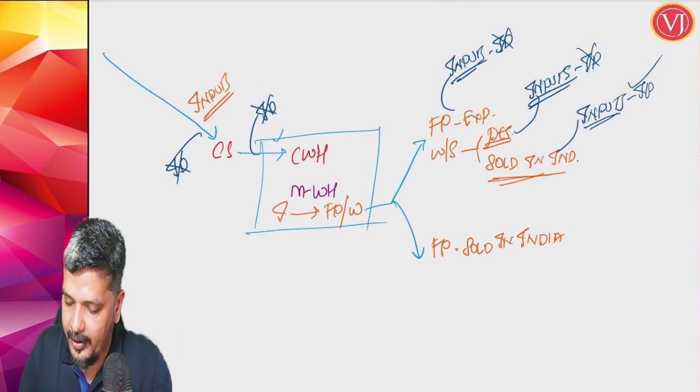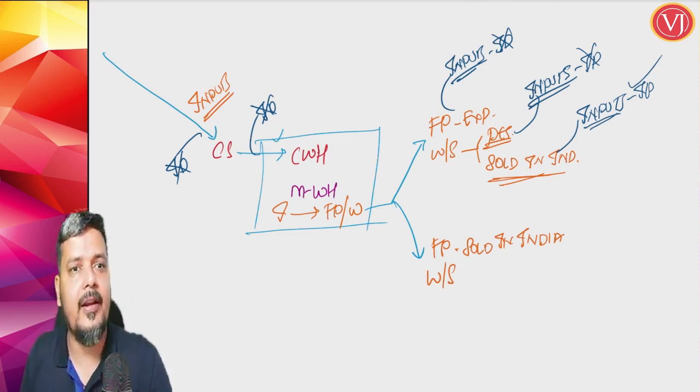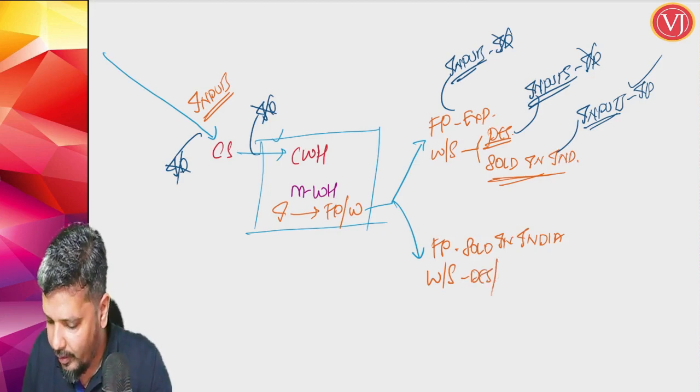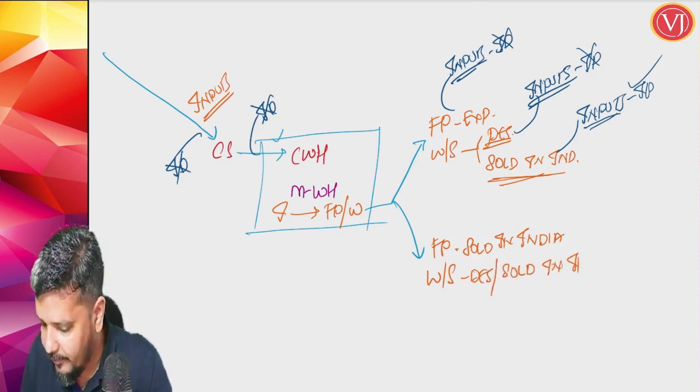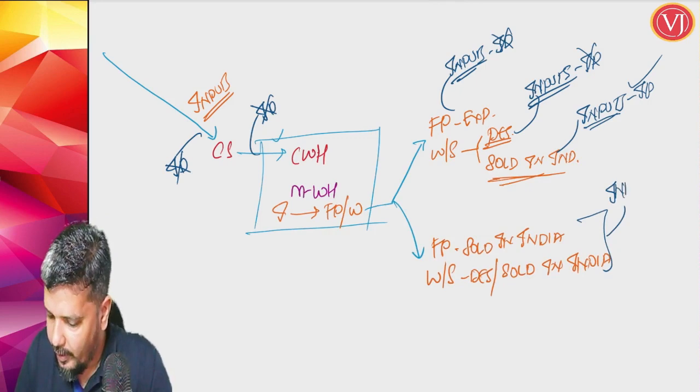On the final product that is sold in India and the related waste and scrap, you don't have any benefit. Whether you have destroyed or whether you have sold in India, you have to pay import duty on the inputs used.